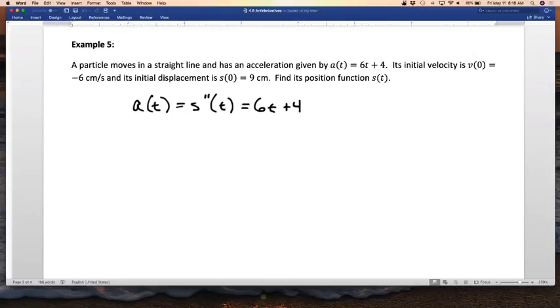We want to work up to the original function from its second derivative. So we start by taking the antiderivative of the acceleration function. So that will give us the velocity function. What's the antiderivative of 6t? 3t squared. What's the antiderivative of 4?